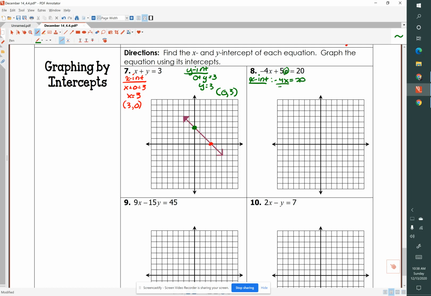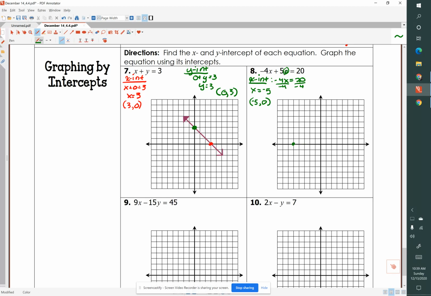I divide by negative 4, and x would equal negative 5. So our x-intercept would be negative 5, 0. So 1, 2, 3, 4, 5, negative 5, 0 is right there.